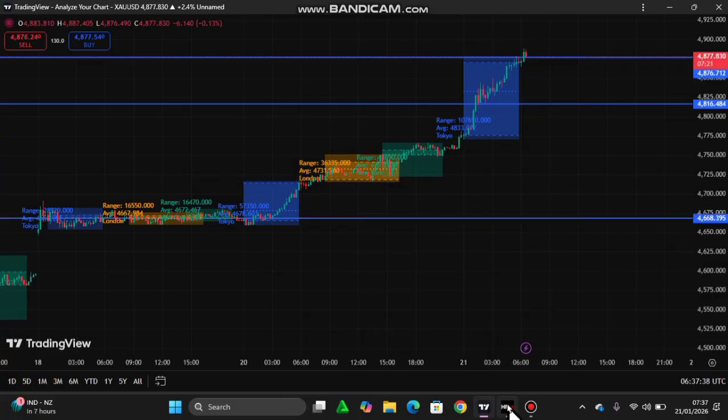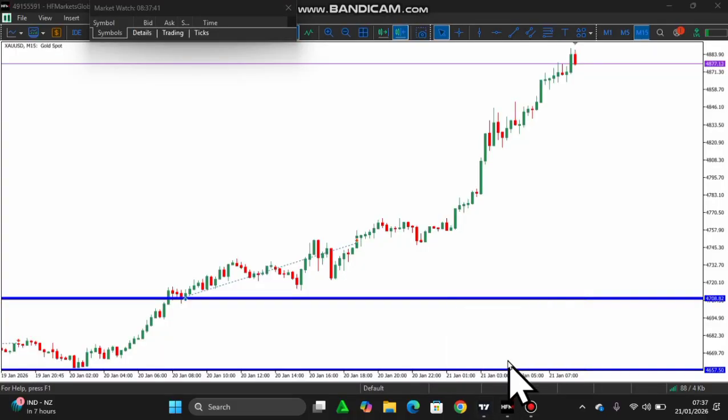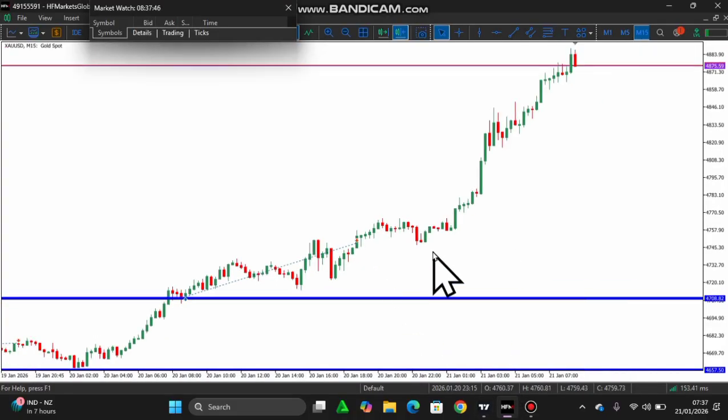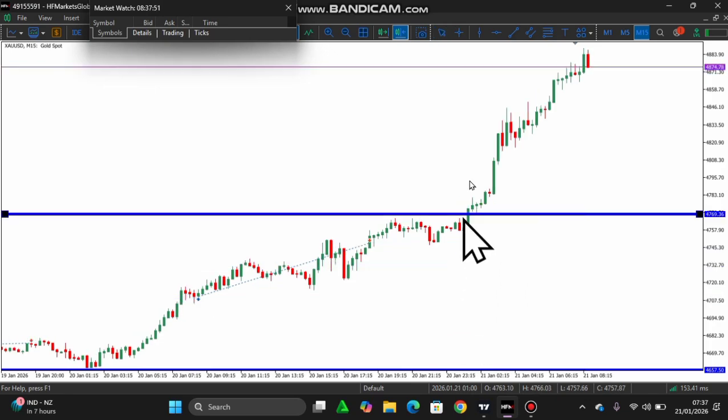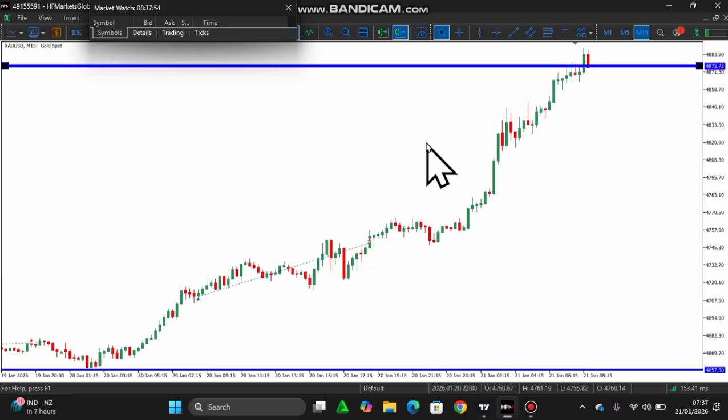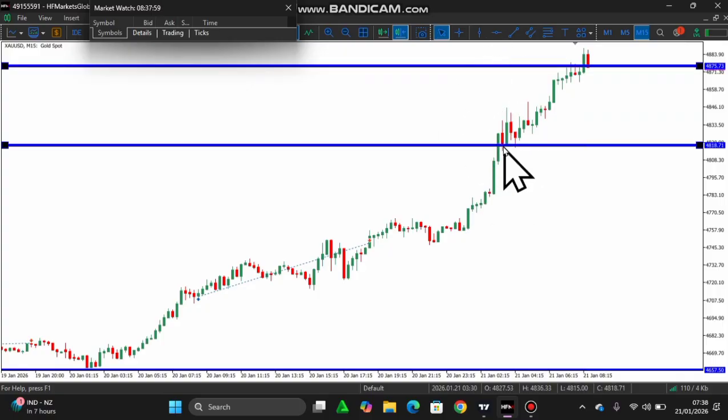So let me head over to my broker account, MT5 HFM. What I normally do is replicate those same zones on my MetaTrader 5 here. So we have the second one around here, and a third one around here. I have to confirm the price real quick.